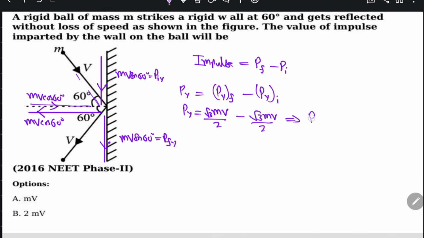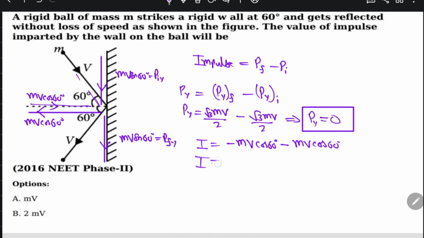So P final comes out to be 0 in the y direction. So only the x direction impulse is left. That is, P final is mv cos 60 degree minus mv cos 60 degree, so that is minus 2 mv cos 60 degree.